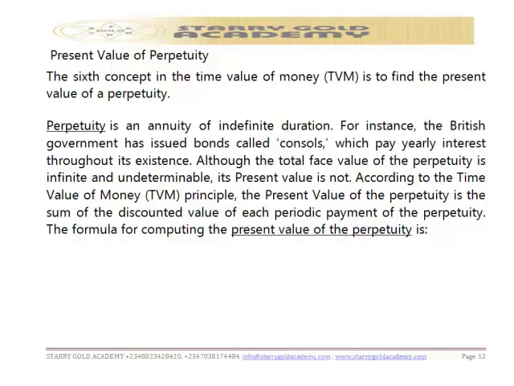Although the total face value of the perpetuity is infinite and undeterminable, its present value is determinable. According to the time value of money principle, the present value is the sum of the discounted value of each periodic payment of the perpetuity. And the formula for that is given as follows.